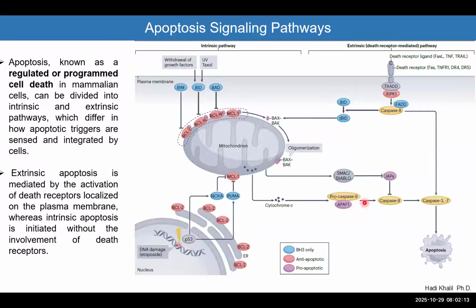Now, exactly as we described before for caspase 8, when apoptosis is induced, procaspase 9, APAF, and cytochrome C together lead that procaspase to become an active caspase. That's what was described in the video. It can then cleave other proteins, including caspases 3 and 7, so it activates the caspase cascade.